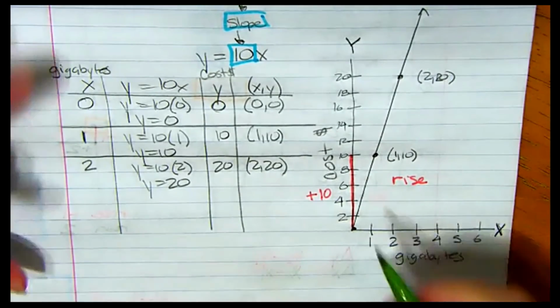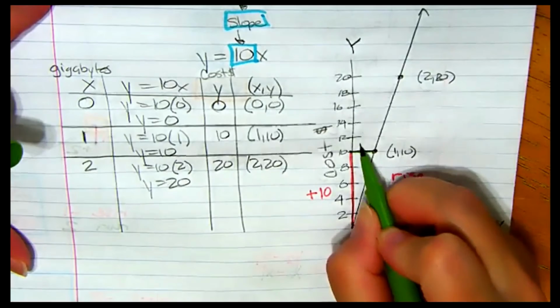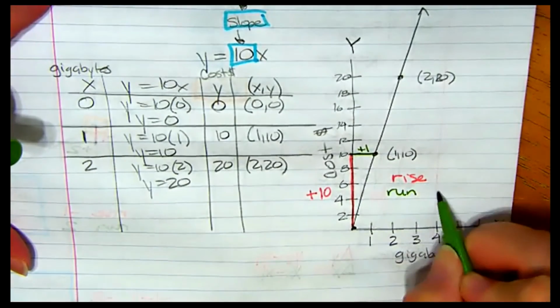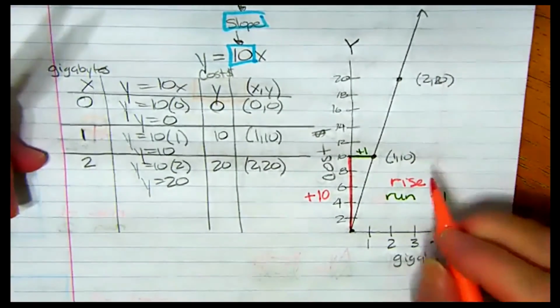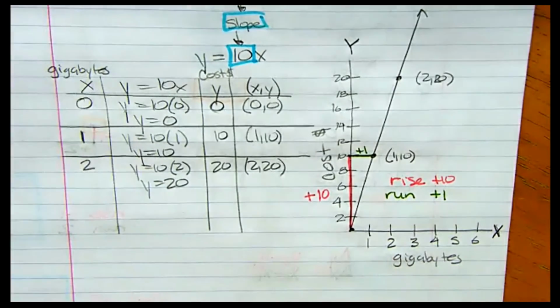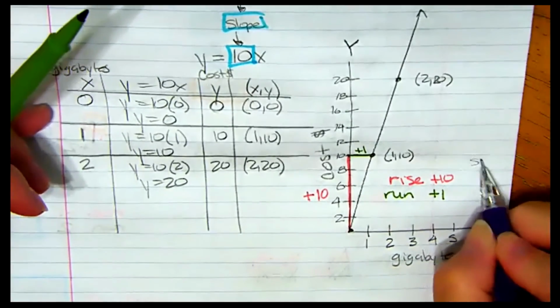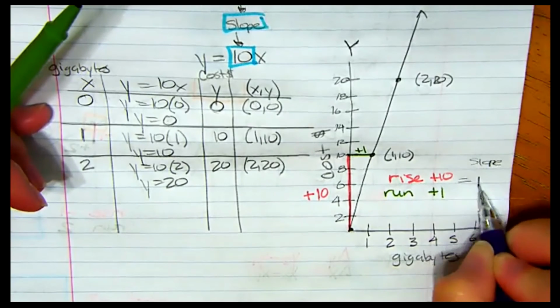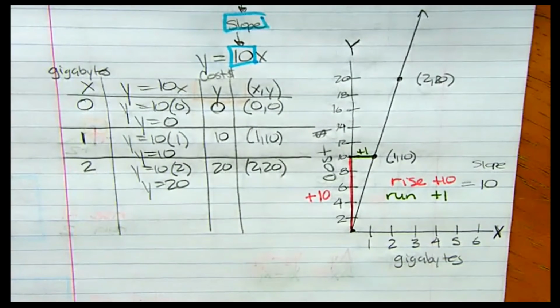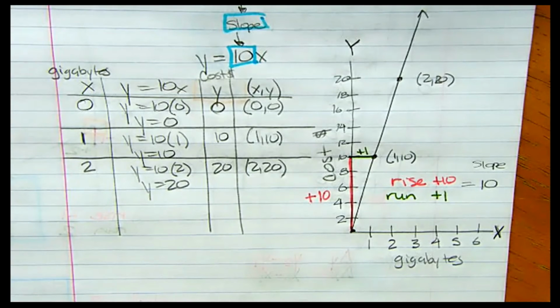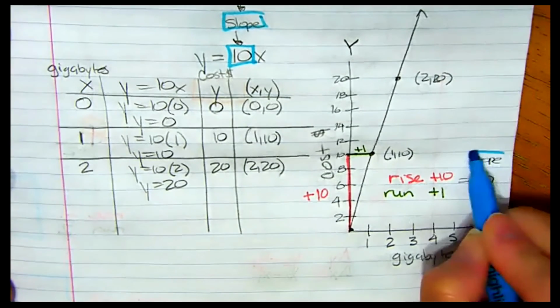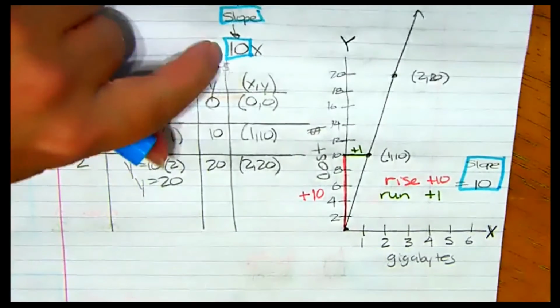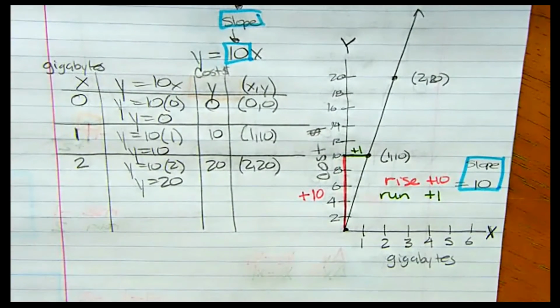My run looks like +1. My rise is +10. So my slope is equal to 10. Well, this isn't telling me anything new. I already knew my slope was 10. That's what it told me here. What does that mean?